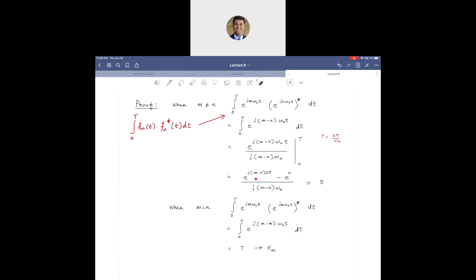Now, how did I write that as 0? If you can see this, what is this? Let me pull that out here: e to the j (m minus n) 2 pi. Actually, let us write this first.